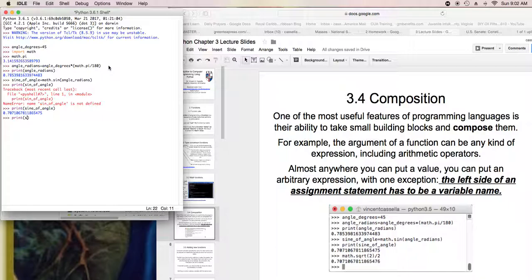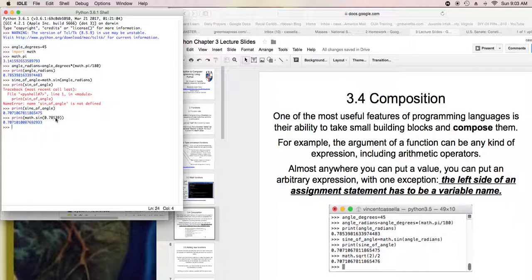So I could have put in print math.sin of 0.78539 and so forth. Enter. And you see I get a number that's close. I didn't put in all the digits, so there's some precision difference there, but basically it prints it.